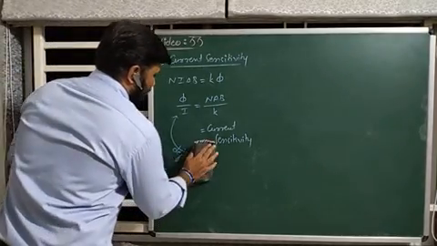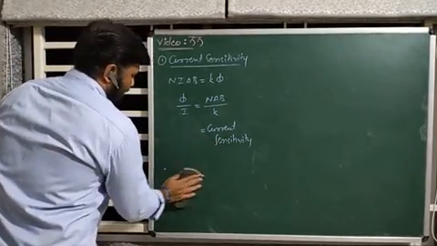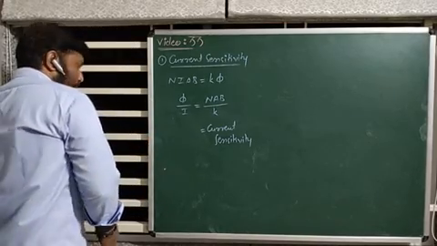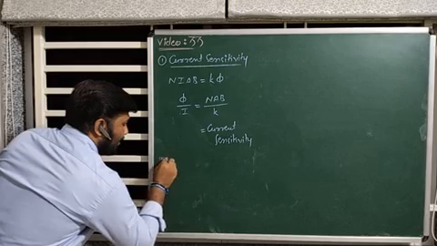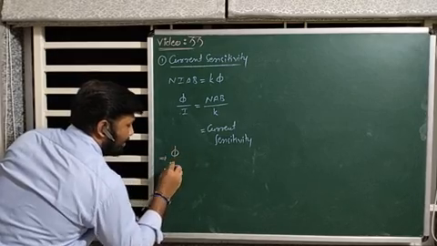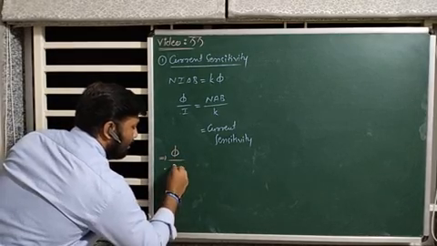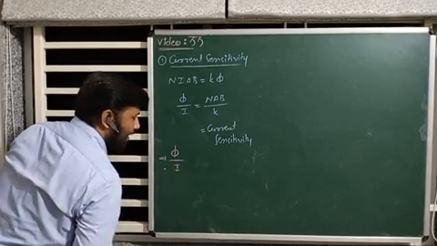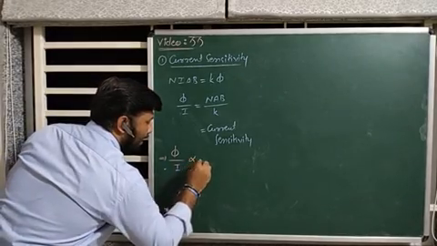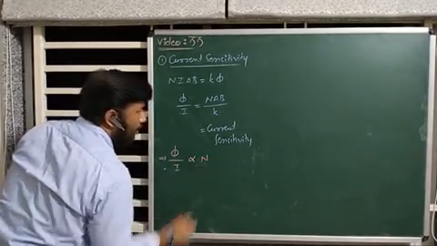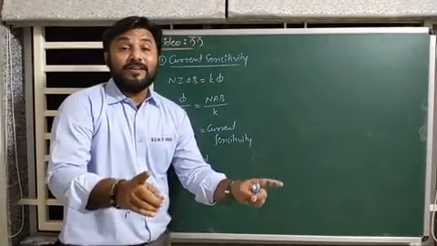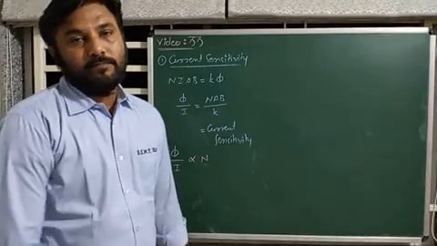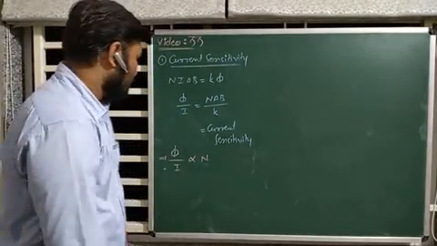See, one important thing. Let us say this current sensitivity, that is deflection of a pointer per unit electric current, is directly proportional to N. What is N? Number of turns in a coil. Got it?